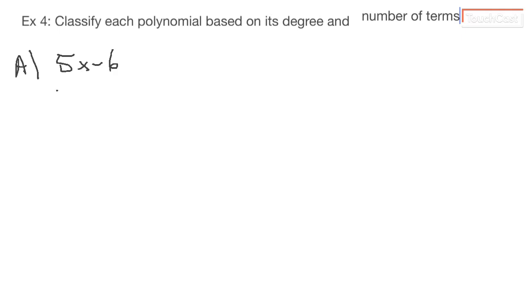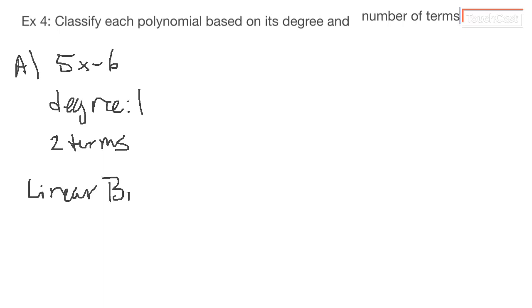So with this, we have a degree of 1, and we have 2 terms. So if we're going to name this, we're going to call it a linear binomial.